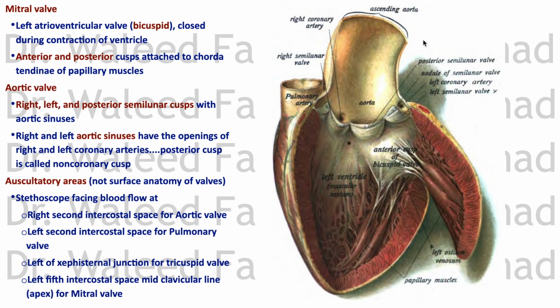Now for the tricuspid valve, the xiphisternal junction, because the blood is coming in this direction from the right atrium to the right ventricle. So you put the stethoscope at the xiphisternal junction, and in the left fifth intercostal space, mid-clavicular line, to listen to the mitral valve.